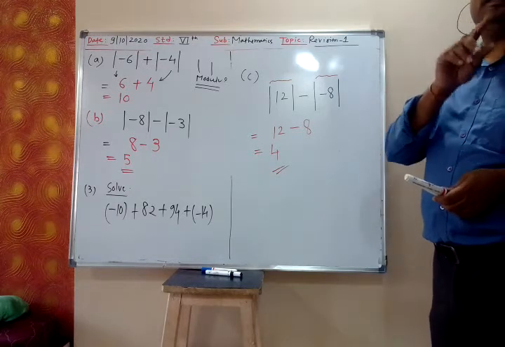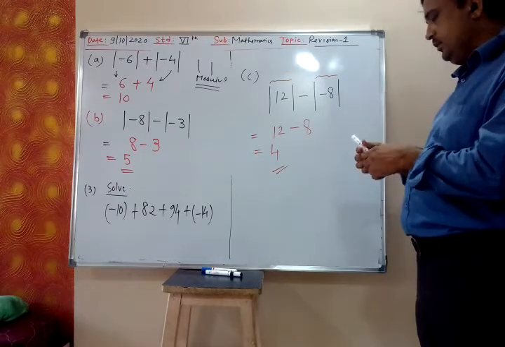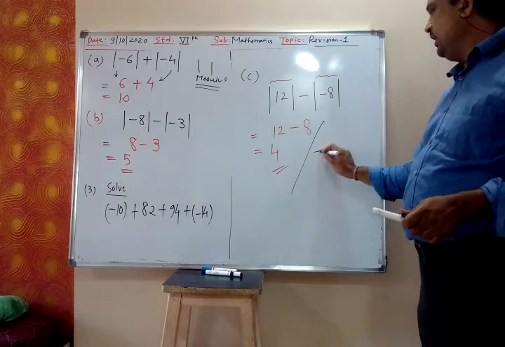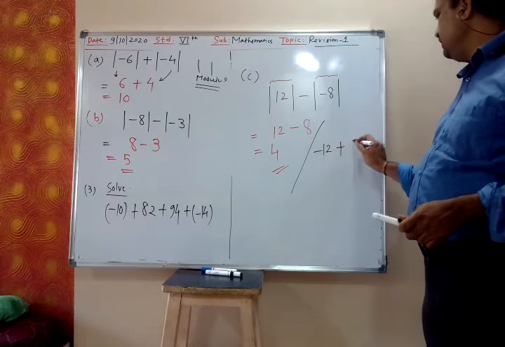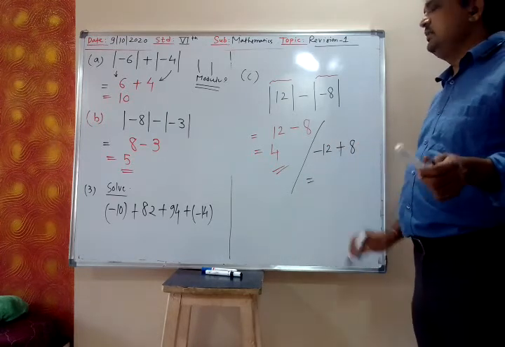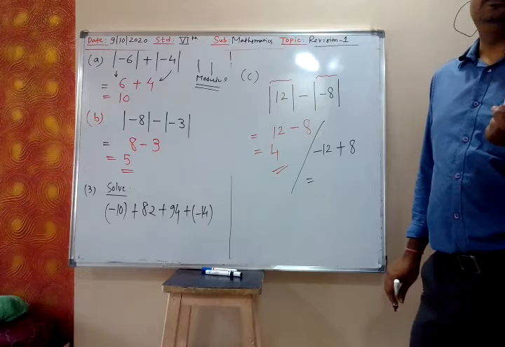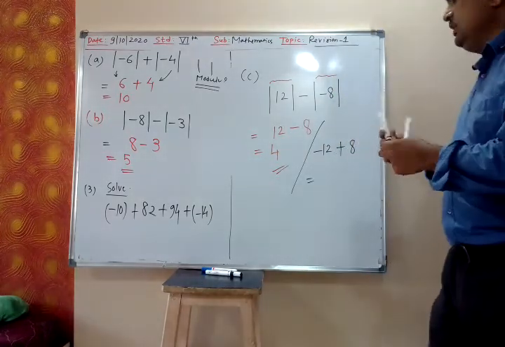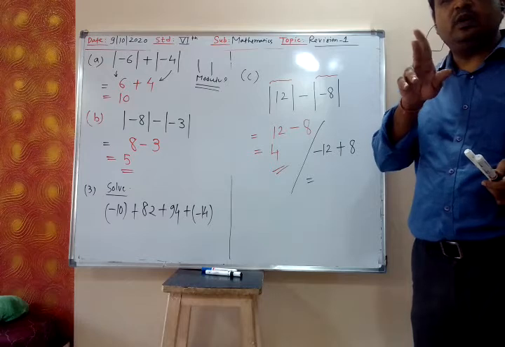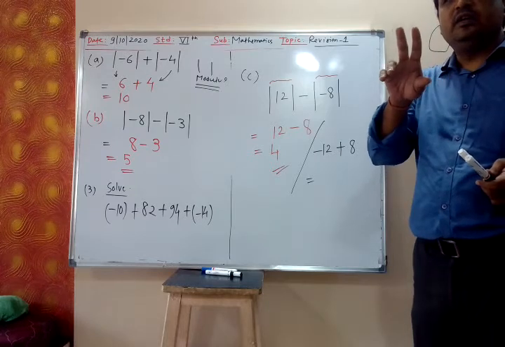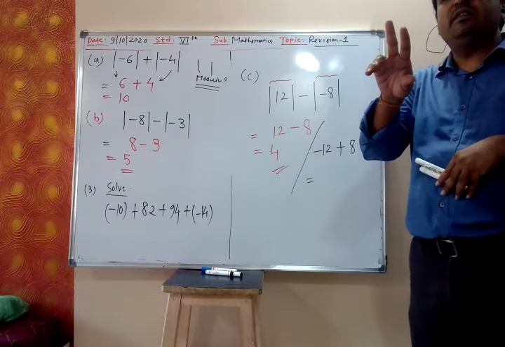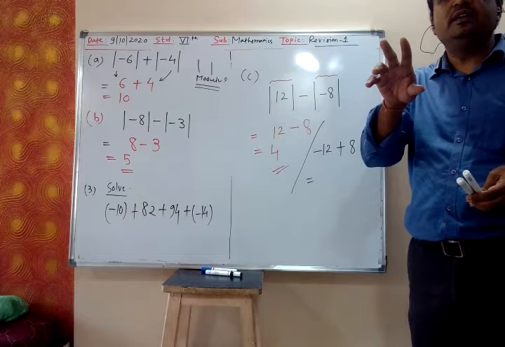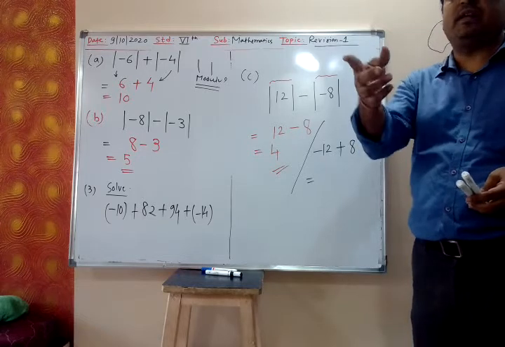Then the answer will be minus 4, because see here what you are telling. Suppose it is minus 12 plus 8. Now see the logic, see the rule of addition and subtraction. Whenever they have the same sign, we add; with opposite signs, we subtract.